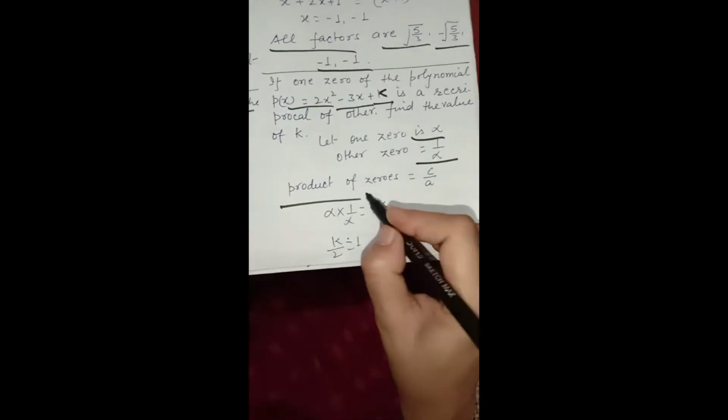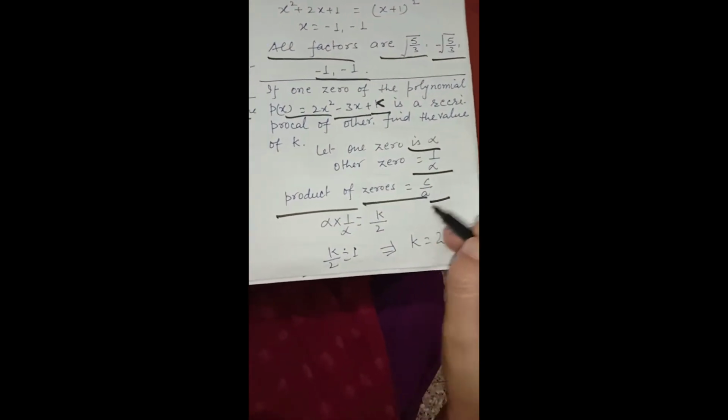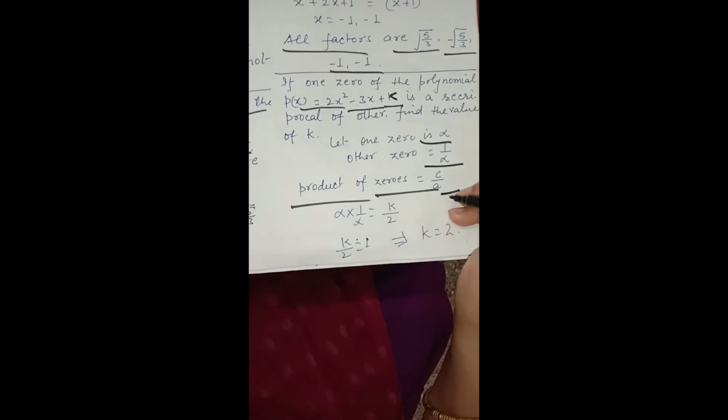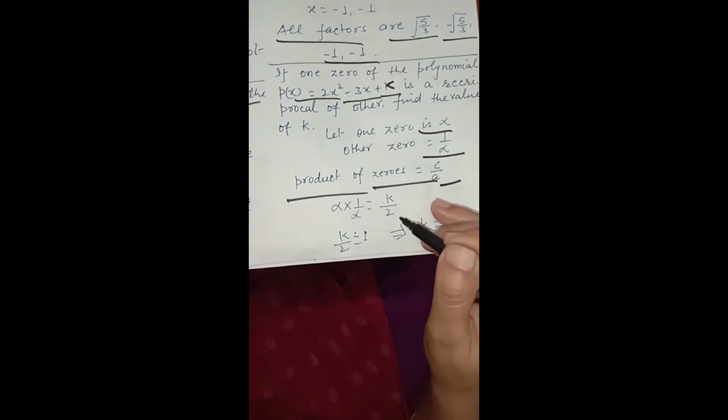Now according to the relation between coefficients and the zeros, we'll try to find the value of k. So we will take here the product of zeros, which is c upon a. So alpha into 1 upon alpha will make c upon a. What is the value of c here? k. And the value of a here is 2. So alpha into 1 upon alpha equals k upon 2.